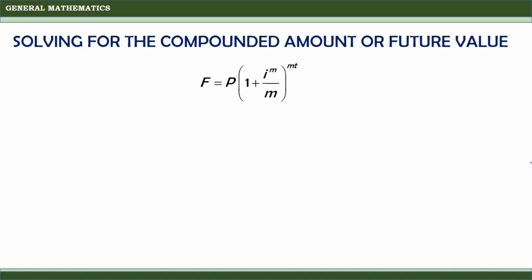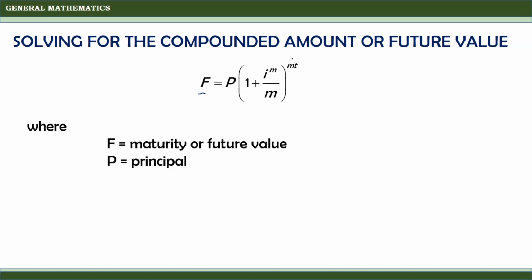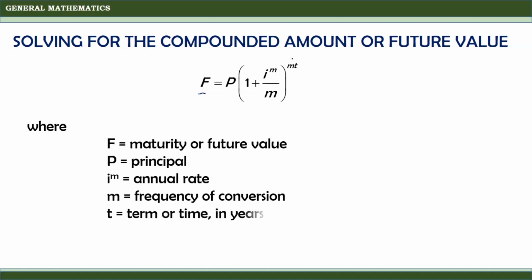The future value, maturity value, or the compounded amount is represented by F, wherein we can solve it by the formula F equals P quantity 1 plus j sub m divided by m raised to mt, where F is the maturity or the future value, P is the principal, j sub m is the annual rate, m is the frequency of conversion, and t is the term or time in years. Sometimes, j sub m can be represented by the letter r.